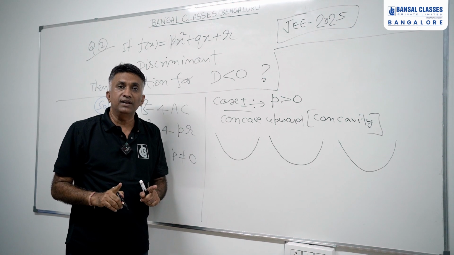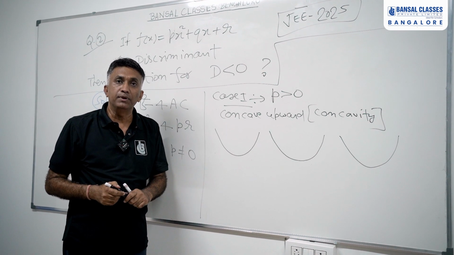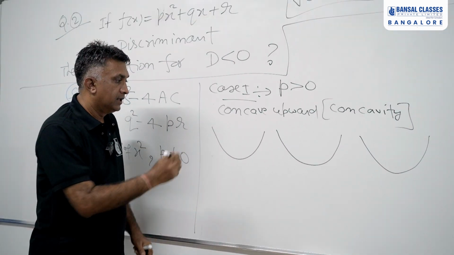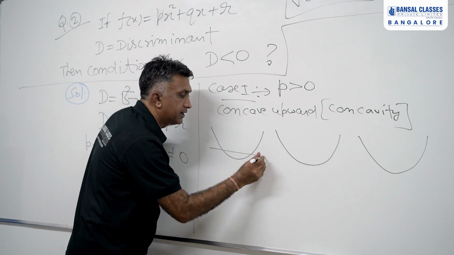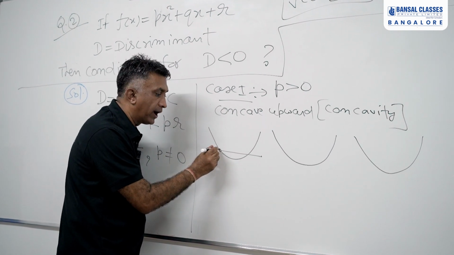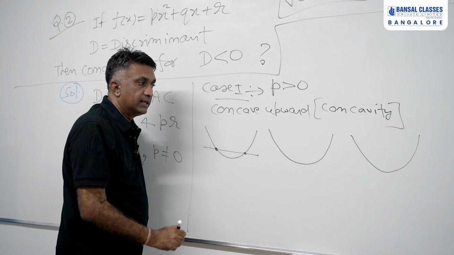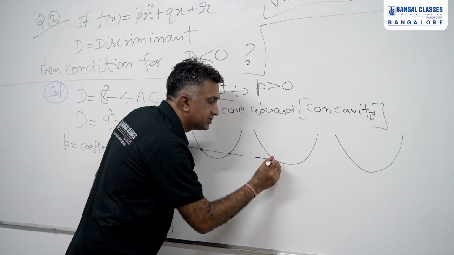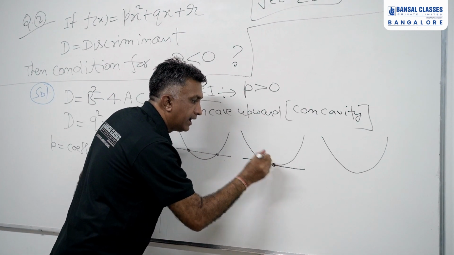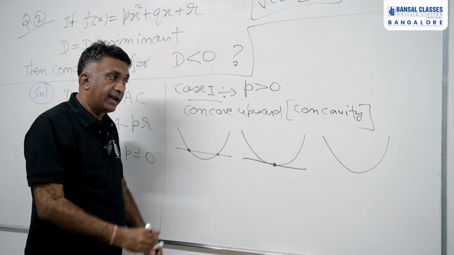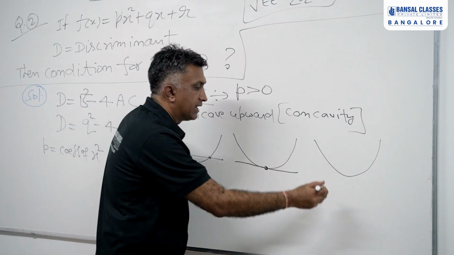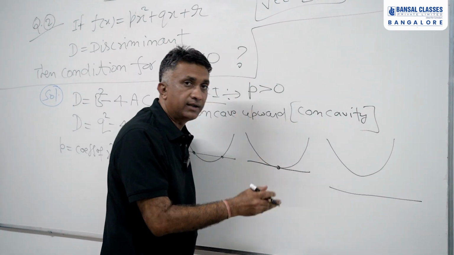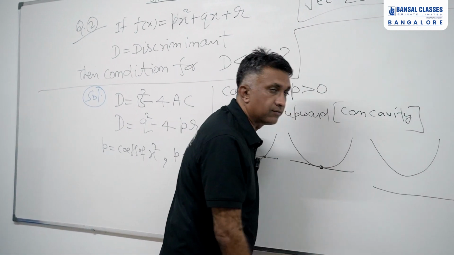A relation between curve and line can be of three kinds. This line can cut this curve at 2 points. This line can touch this curve at 1 point. And it may be this line cannot cut or touch this curve.